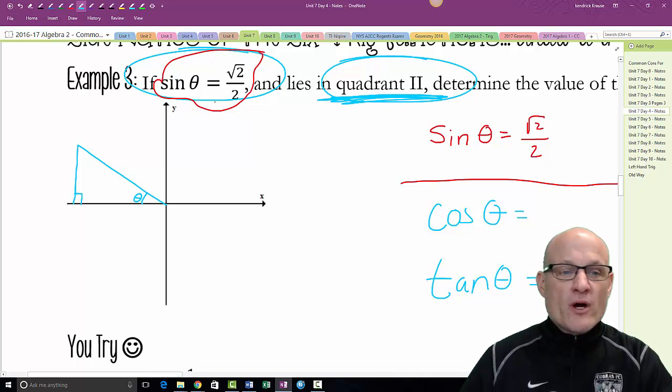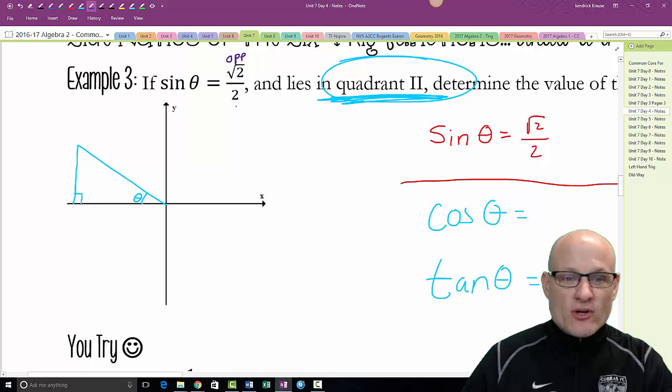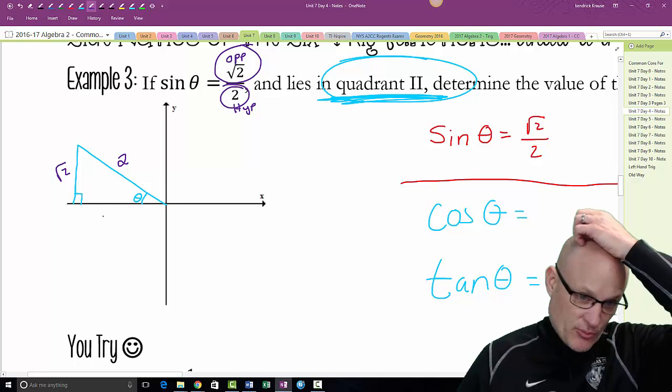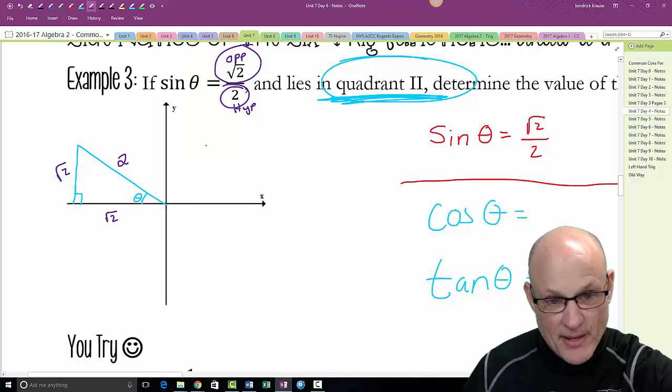So what do I know about sine? I know that sine is opposite over hypotenuse. How does that help me out? Well, this is the opposite side, and this is the hypotenuse. You've seen this before, square root of 2 and 2. It should come as no surprise that this is also going to be the square root of 2. We've worked with this triangle in the past.